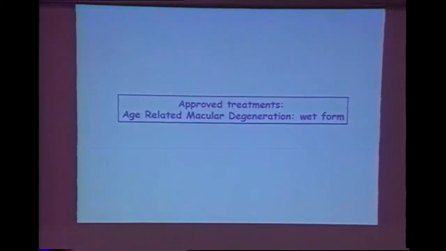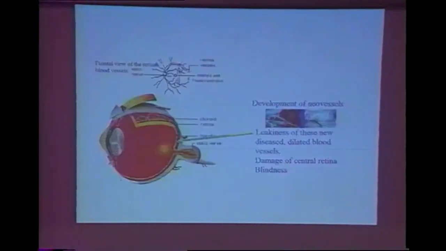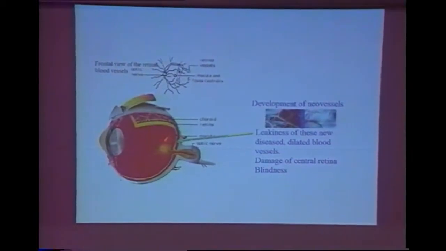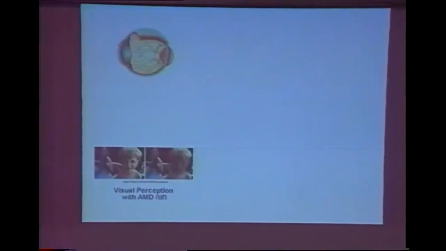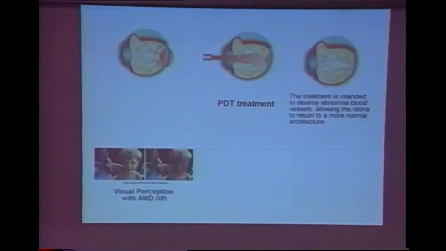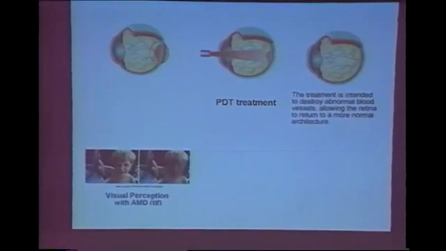I just want to show this age-related macular degeneration, in a little more detail. This is where you have abnormal blood vessels growing in the back of the eye. I showed you this yesterday, the effect of this. The idea is that you give this region of abnormal blood vessels PDT treatment, and that's intended to destroy this abnormal tissue without destroying the rest of the blood vessels.